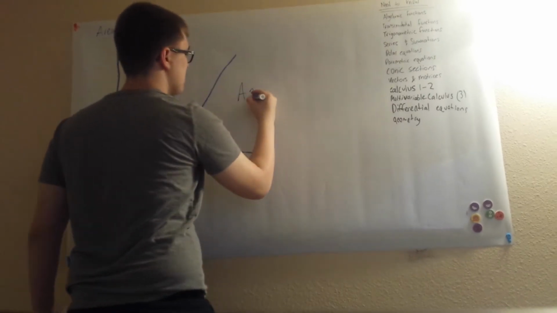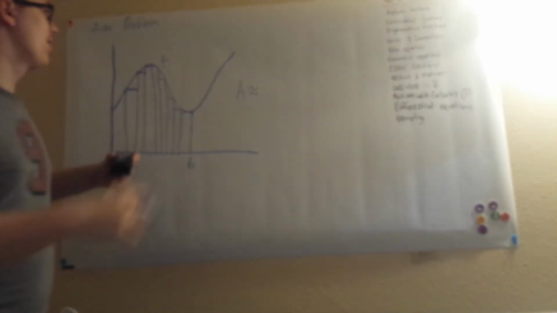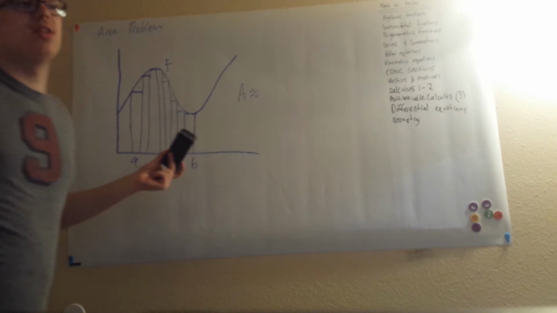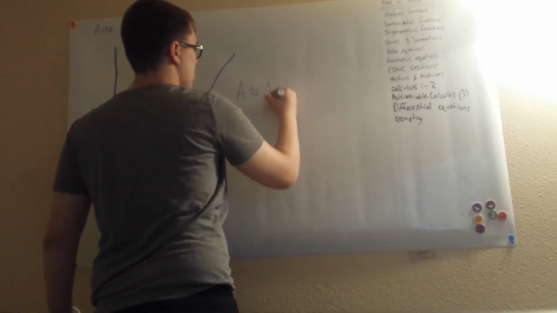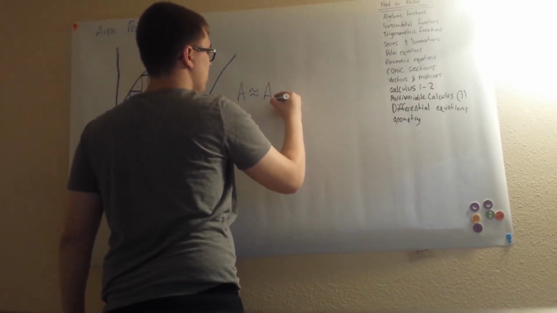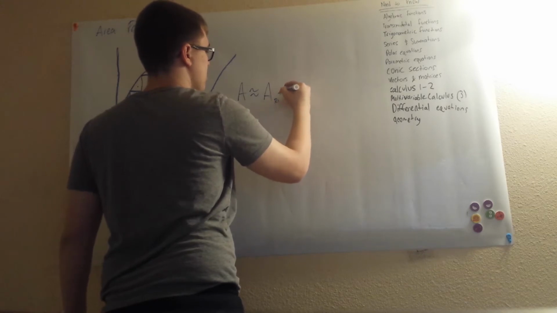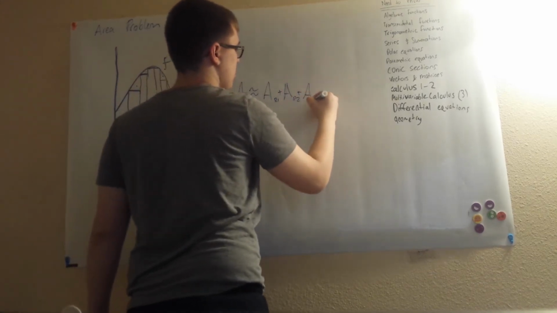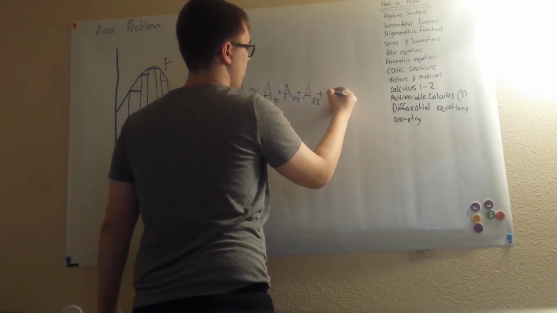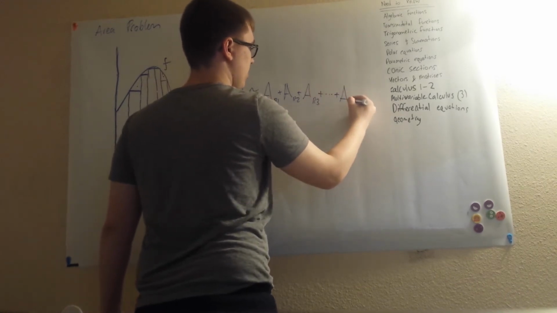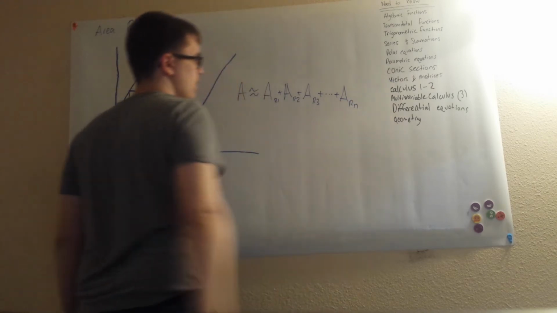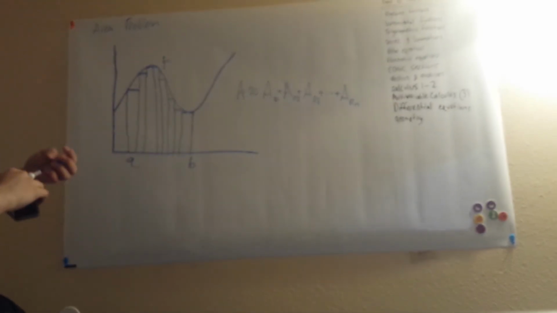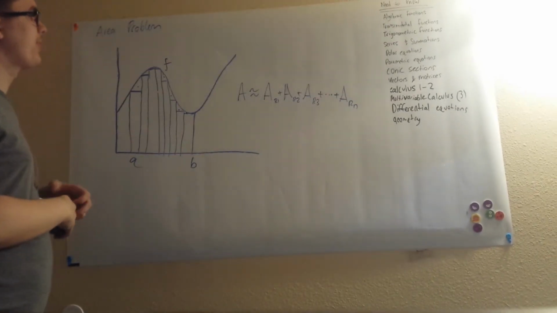So, the area is approximately the area of the first rectangle plus the area of the second rectangle plus the area of the third rectangle, all the way up to the area of our last rectangle. Let's call it N. Okay.